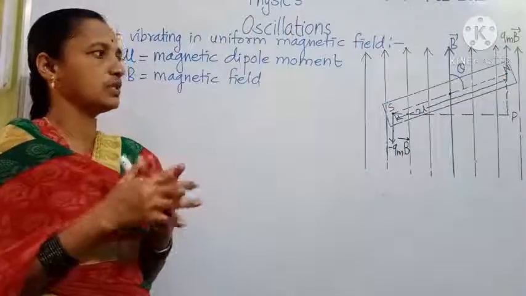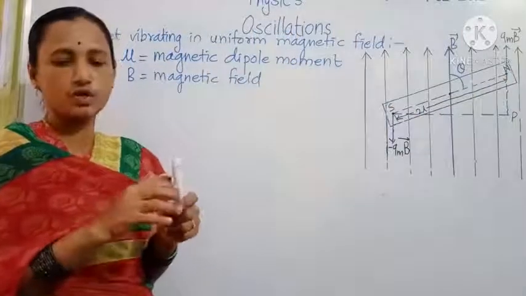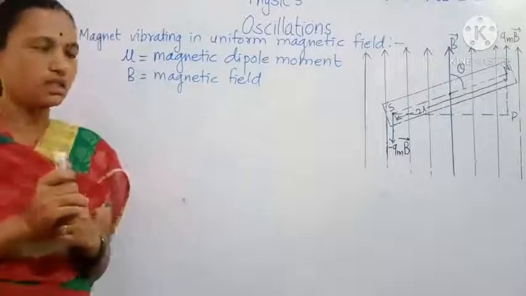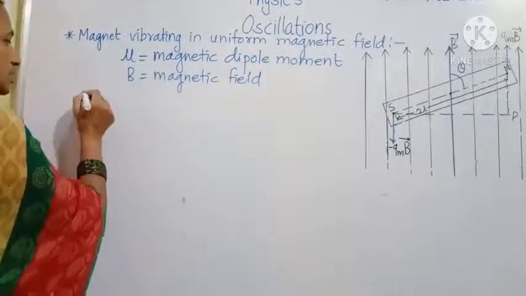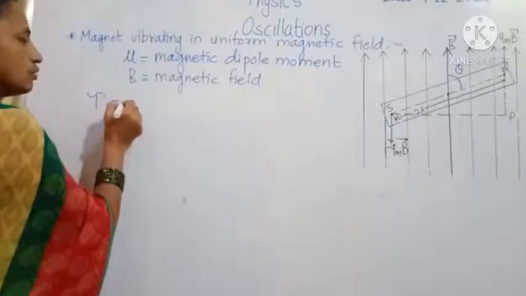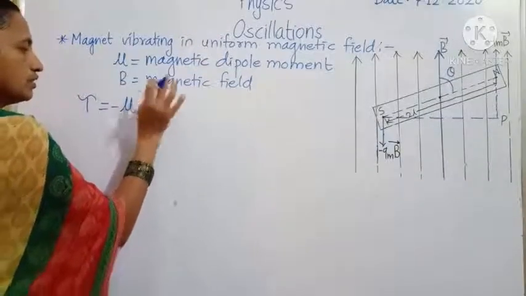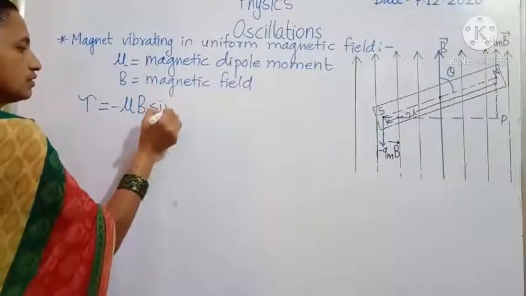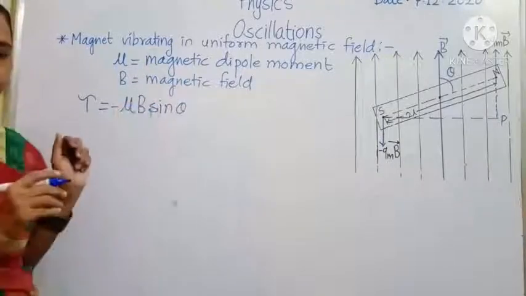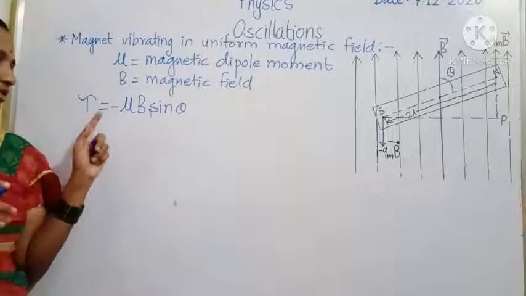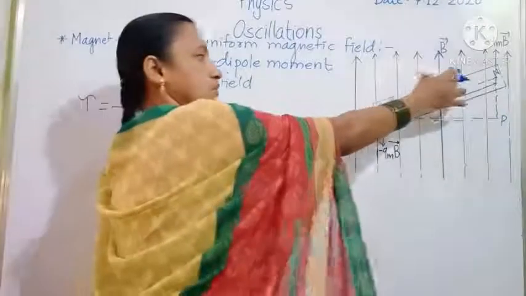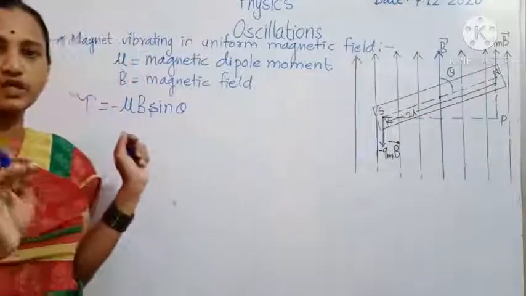Here we have to see that when restoring torque acts on this body, the magnitude of this torque is given by tau is equal to minus mu B sin theta. We have to see that this theta, that is this angular displacement, is very small.